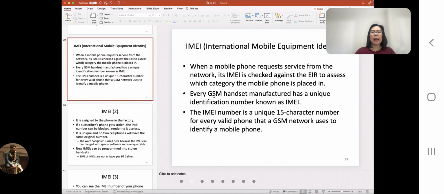And every GSM phone manufacturer would give a unique identification number to every phone, and that number is called the IMEI. The IMEI is a unique 15-character number for every valid phone that a GSM network uses to identify a mobile phone.